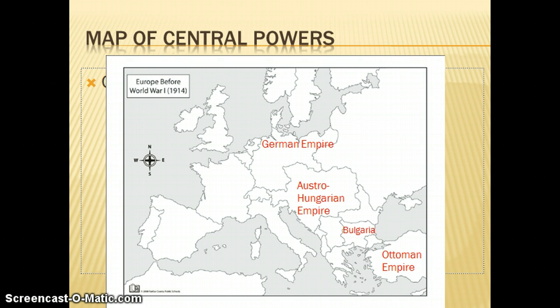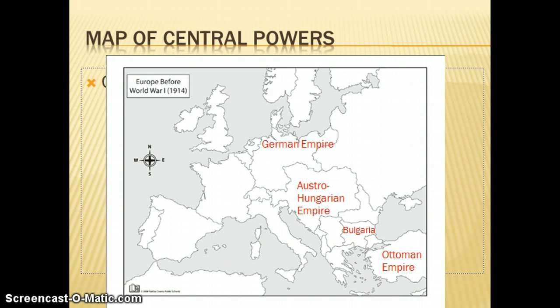So make sure you label the German Empire in red, the Austro-Hungarian Empire in red, Bulgaria in red, and the Ottoman Empire in red. And these are the four major countries or nations that are on the side of the Central Powers in this war. So feel free to pause the presentation at this time if you need more time to fill out your map, and then restart again as soon as you're ready to move on.